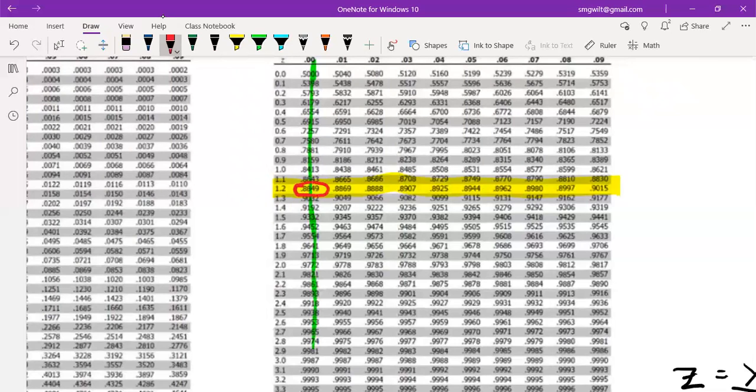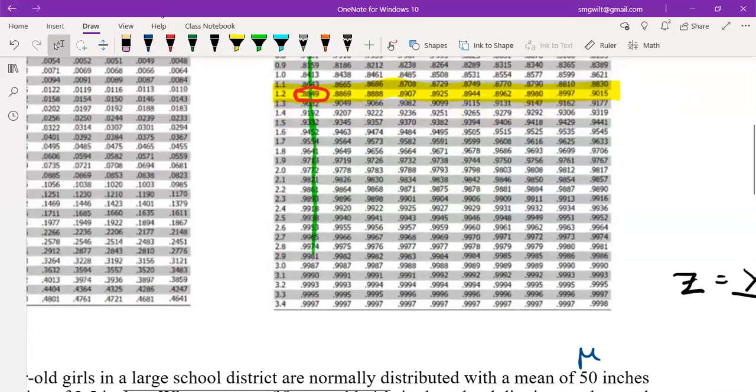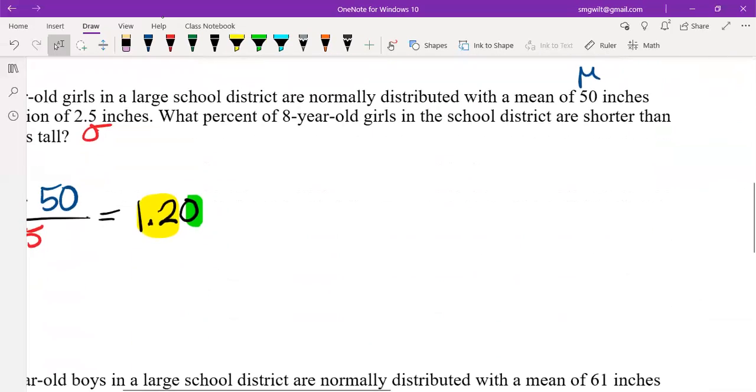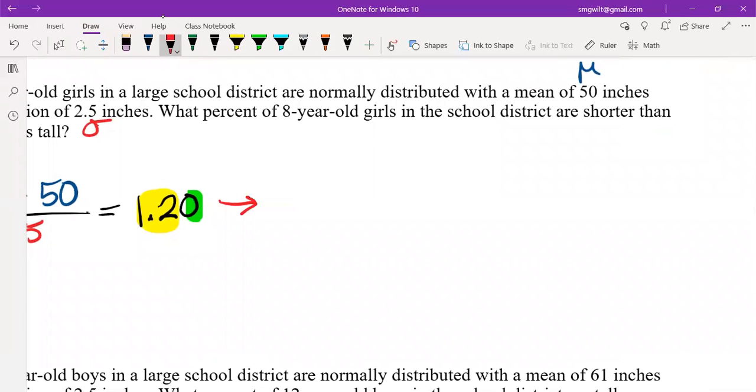That means that 0.8849, or 88.49%, of those girls are shorter than Ava. This number gives us 0.8849.